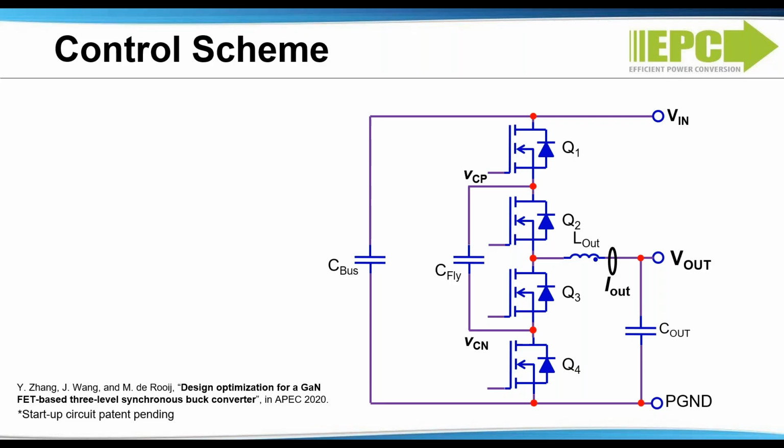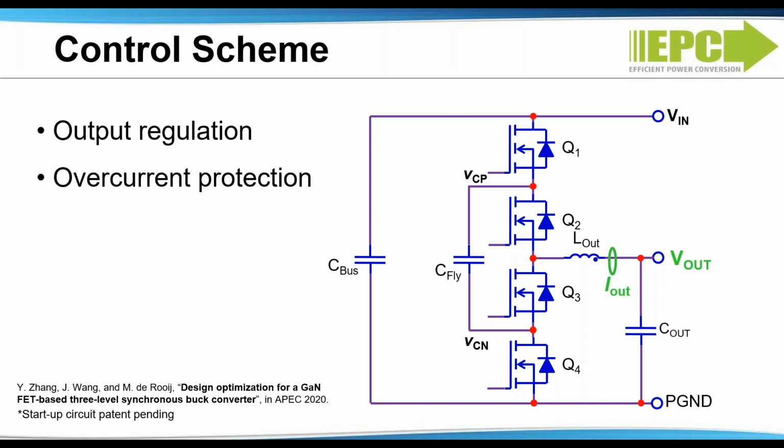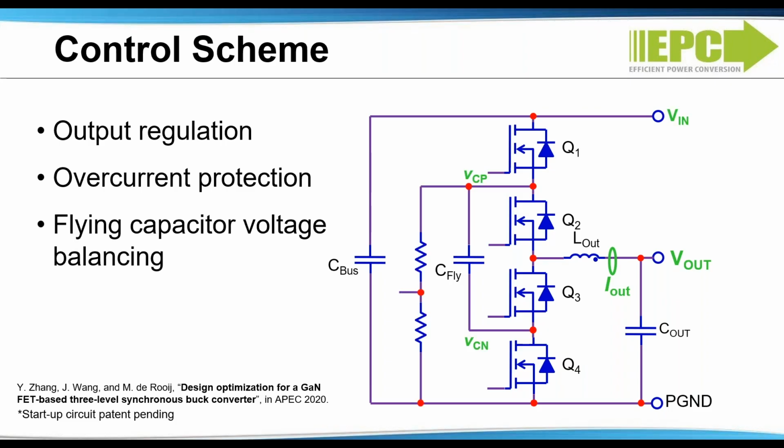Similar to a standard buck converter, the flying capacitor multi-level converter control scheme needs to implement output voltage regulation and output current protection. In order to avoid overstressing any FETs, the flying capacitor multi-level converter controller also needs to maintain the voltage balancing of the flying capacitor to half the input supply voltage during normal operation and startup.